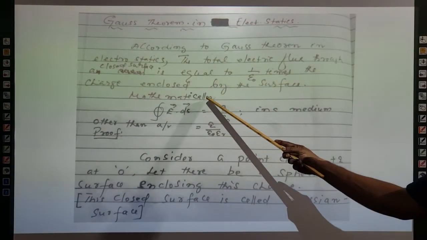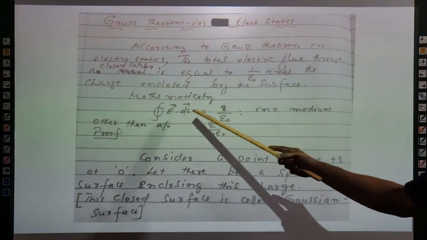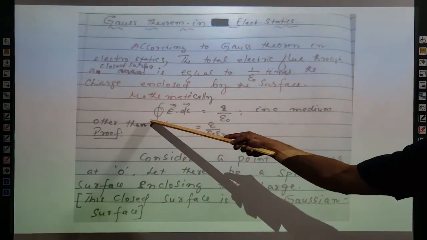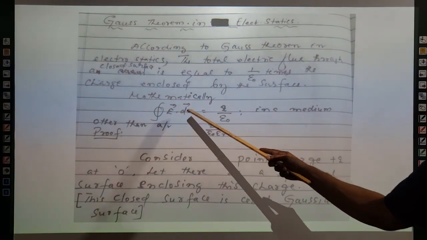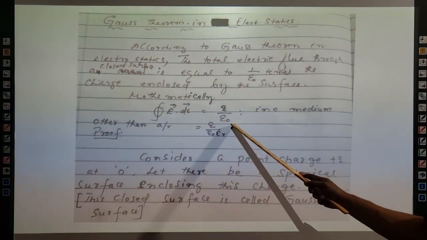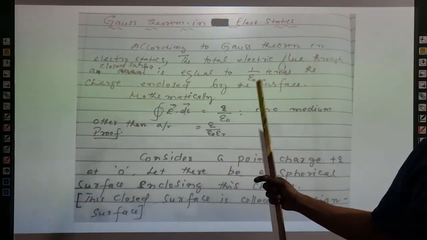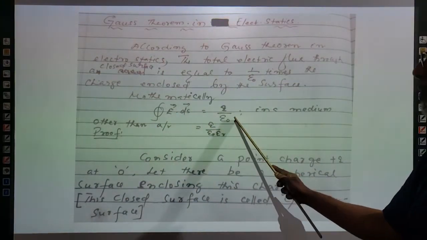Mathematically, Gauss theorem can be written as the surface integral of the electric field. This term is read as the surface integral of the electric field is equal to Q by epsilon 0. This is for vacuum, we can write E dot ds is equal to Q by epsilon 0.